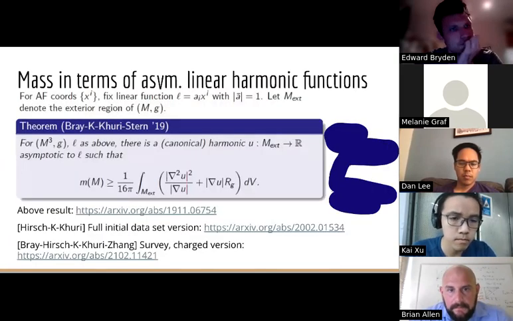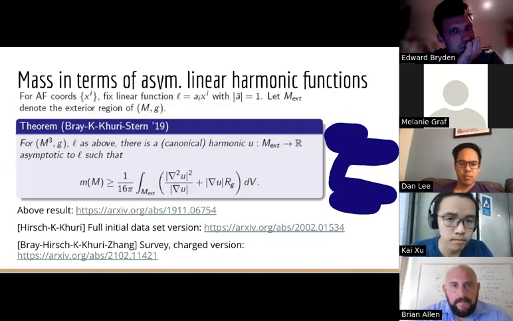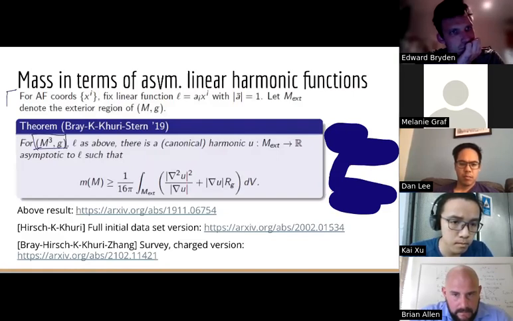Okay, so here is the mass formula in the title of the talk. Some of you are familiar, some of you are not, so let me just explain. Here's the situation. We're on our asymptotically flat manifold. Imagine it has one end, and it has this exterior region that we're talking about, denoted M_X.